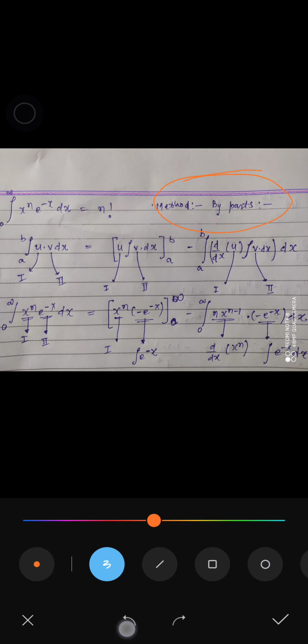Let me explain to you. Suppose we are doing an integral of two functions simultaneously, let u be the first and v the second function, both being functions of x only, and let the integral be from a to b. Then the overall integration of these two functions can be written in terms of the first function and second function, that would be easy for us.